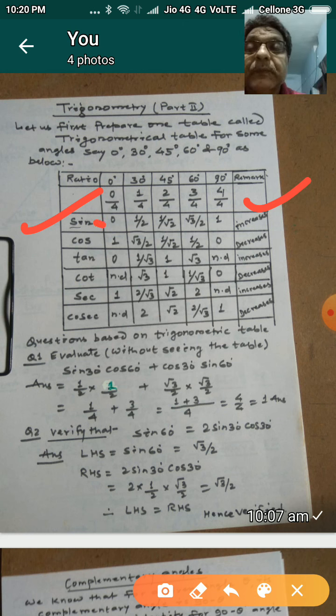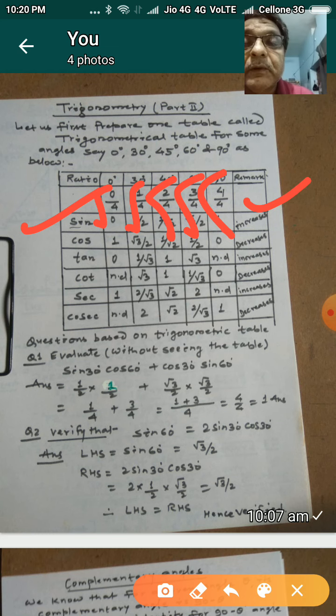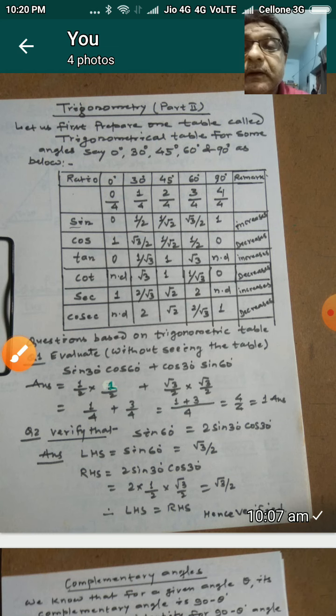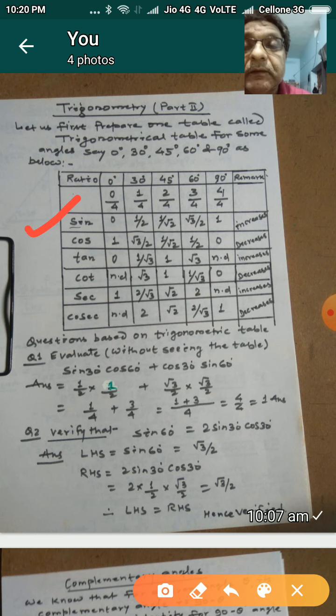Where a value contains a common factor, you cancel it and make it lowest, then find its square root. Now what value you get here is the value of the trigonometric ratio sine for this angle.